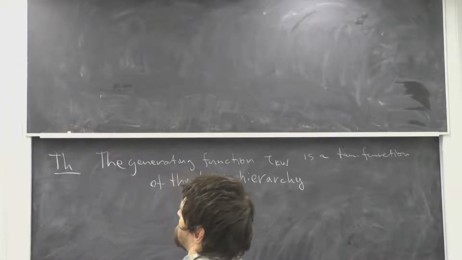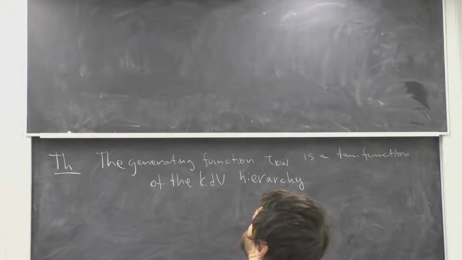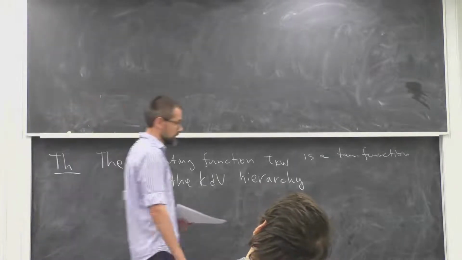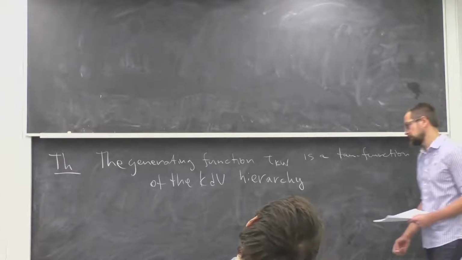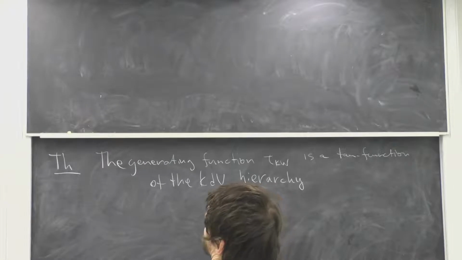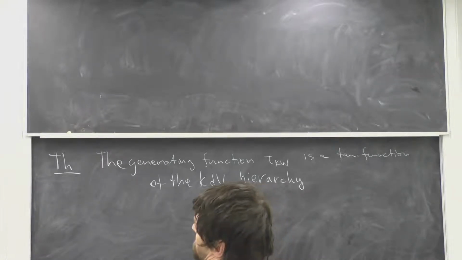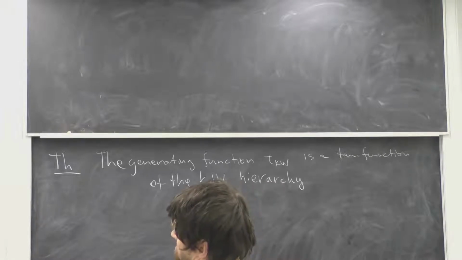This statement comes from the interpretation of this intersection theory in terms of two-dimensional gravity. From the point of view of theoretical physics, this generating function is the partition function of topological two-dimensional gravity.